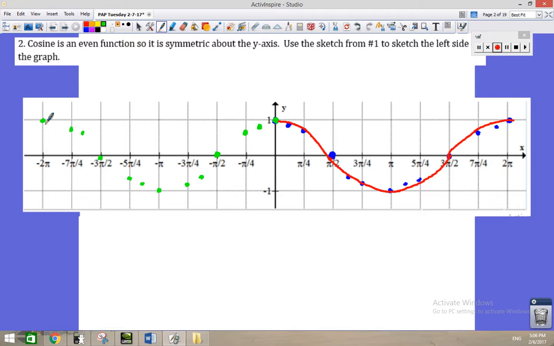So if I connect these dots, this is a mirror image of, on the right hand side, what I've sketched out in red. Alright, so there's the graph of the cosine curve from -2 pi to +2 pi.